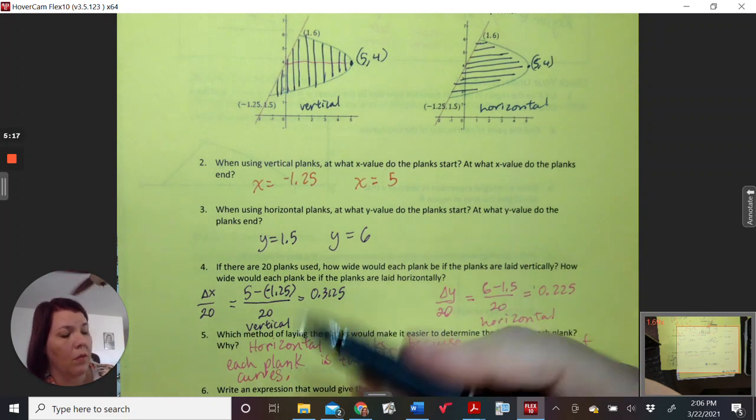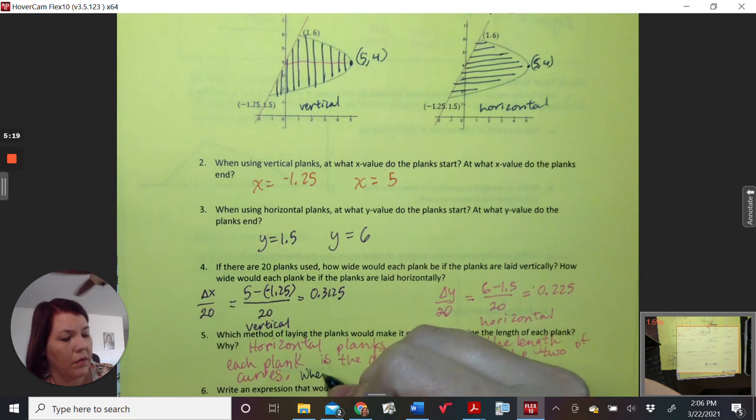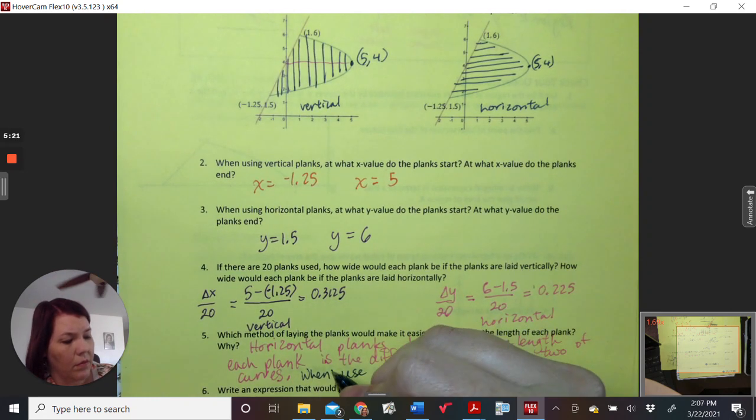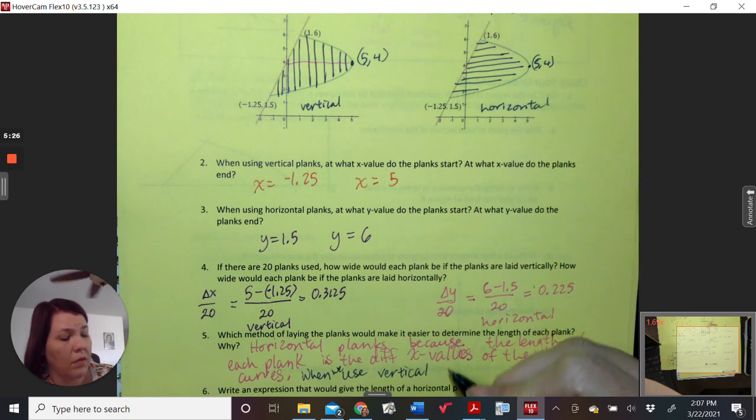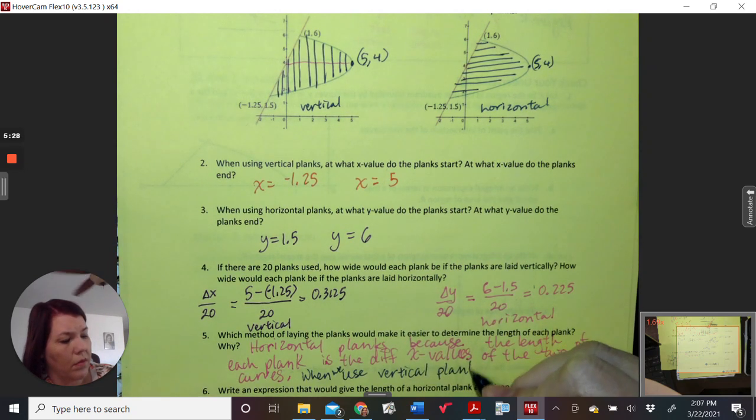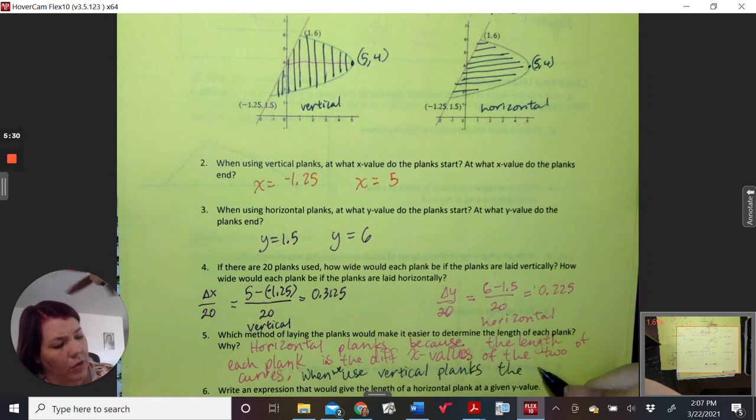When we use vertical planks, the upper and lower curves change.